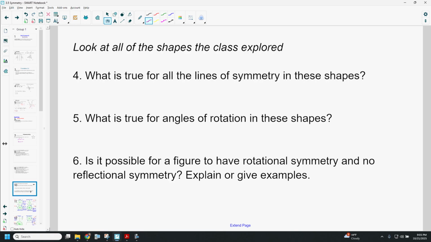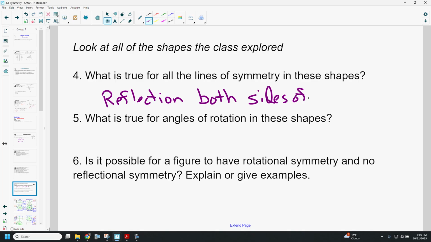If you look at the ones we explored here in class, what's true for all the lines of symmetry in these shapes? They're a reflection. Both sides of the line are exact replicas, the same image.